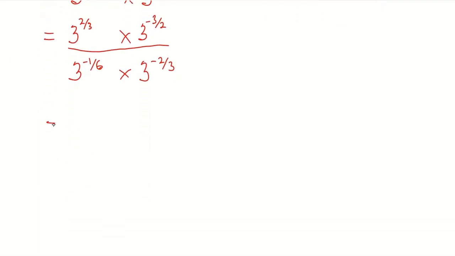So at this point, we can see that at the numerator, the bases are the same, and at the same time the bases are multiplying. In indices, we said if we have the bases to be the same and at the same time they are multiplying, we can add the exponents. We can add the exponents.